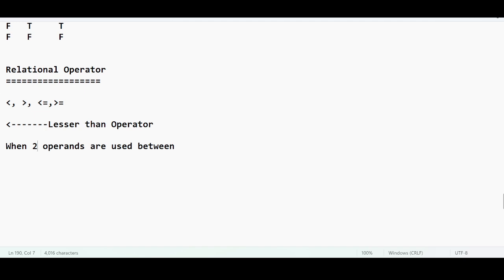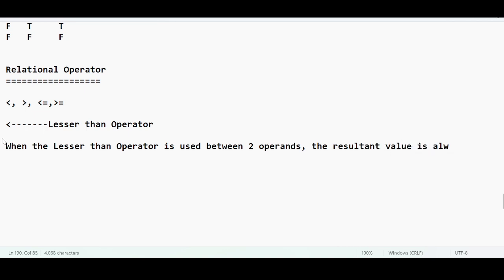When the lesser than operator is used between two operands, instead of writing like this, I can write it this way, the resultant value is always going to be a Boolean value.